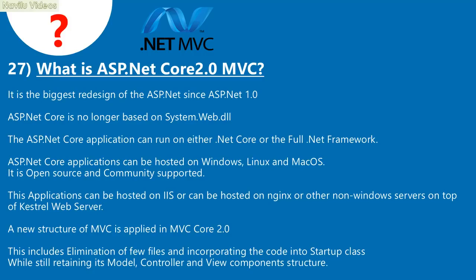It is open source and community supported. These applications can be hosted on IIS or on Unix or other non-Windows servers on top of the Kestrel web server. A new structure of MVC is applied in MVC Core 2.0. This includes elimination of a few files and incorporating the code into the startup class, while still retaining its model, controller, and view components structure.